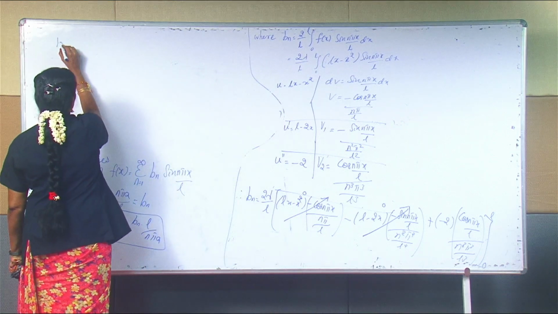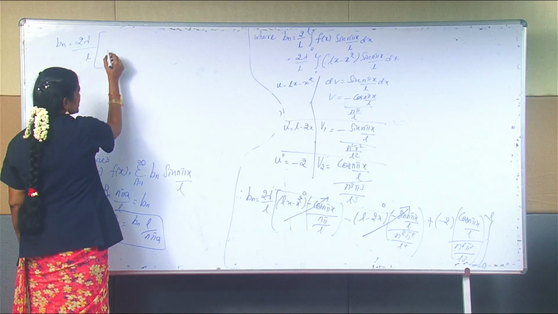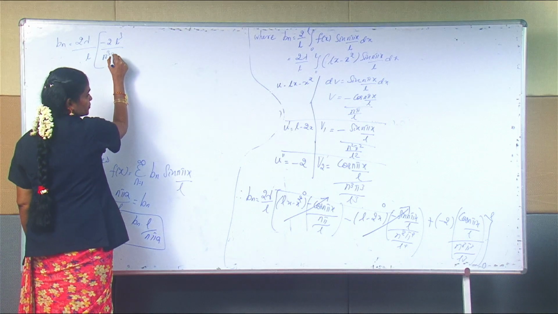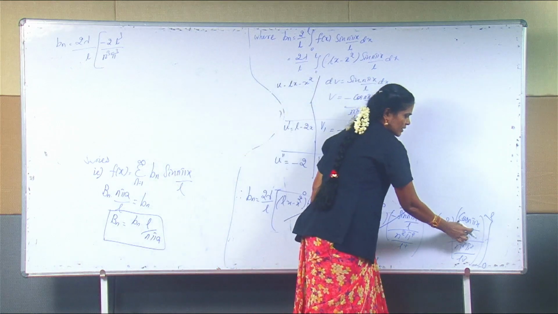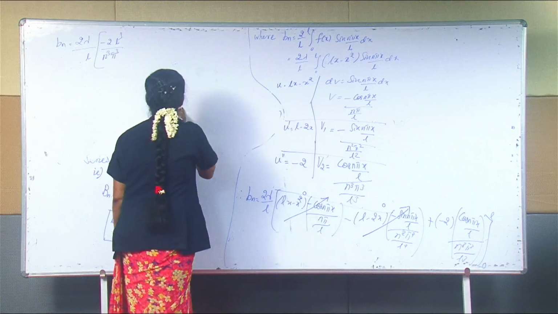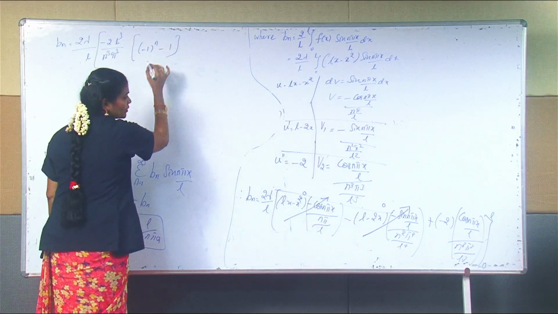So Bn value is 2 lambda by L into minus 2 L cube divided by n cube pi cube into, if you substitute x with L, L gets cancelled, it becomes cos n pi. Cos n pi value is minus 1 the whole power n. So minus 1 the whole power n minus cos 0, whose value is 1.